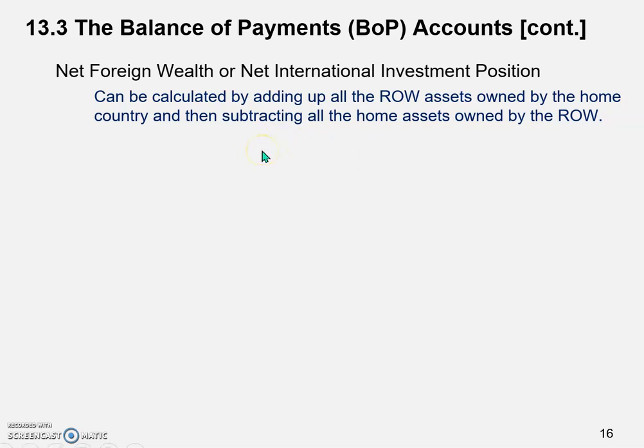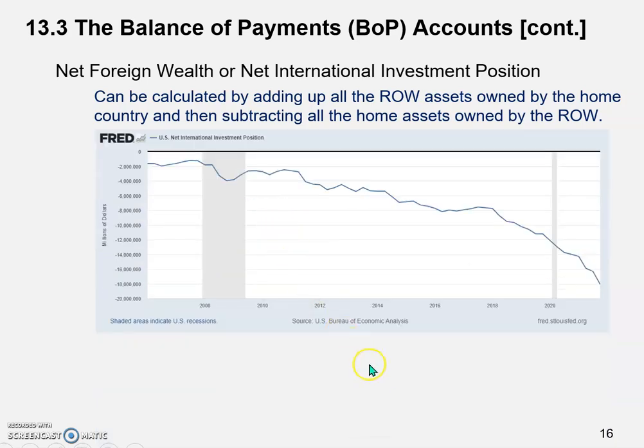Okay. And so here I'm putting up this FRED chart of the U.S. net international investment position from, I believe, 2014 all the way to 2021. Okay, as you can see, it gets worse and worse.